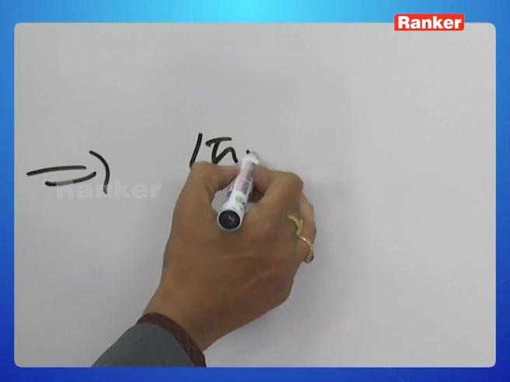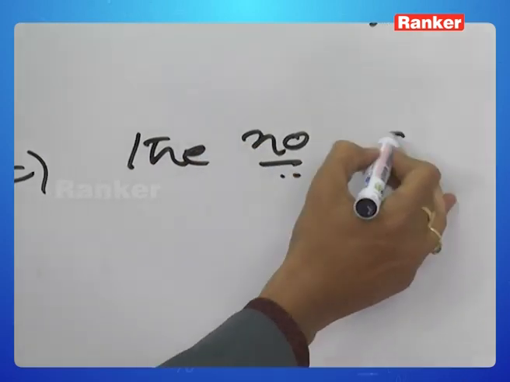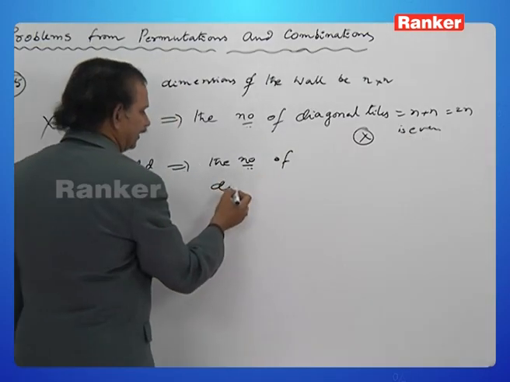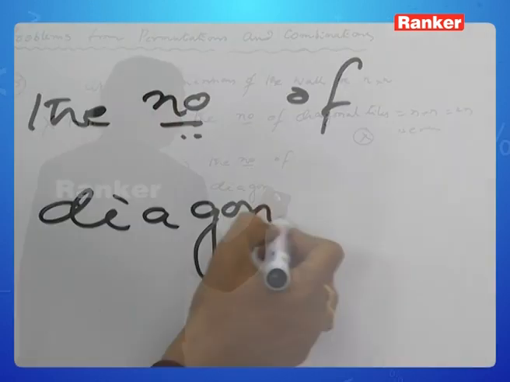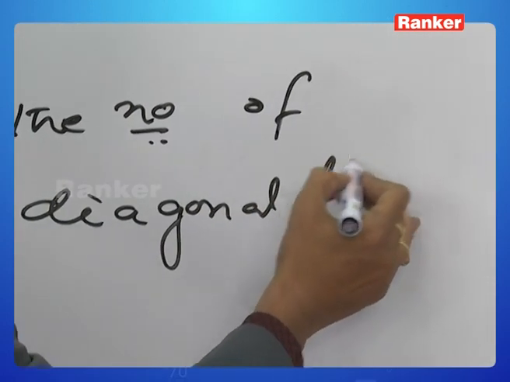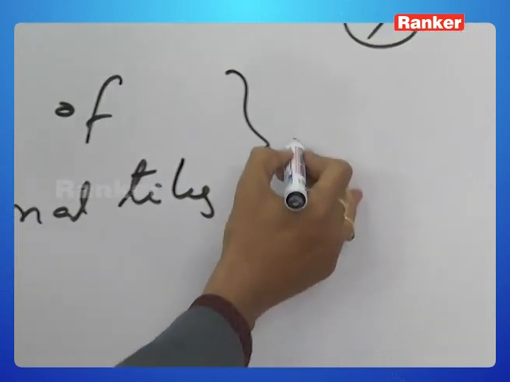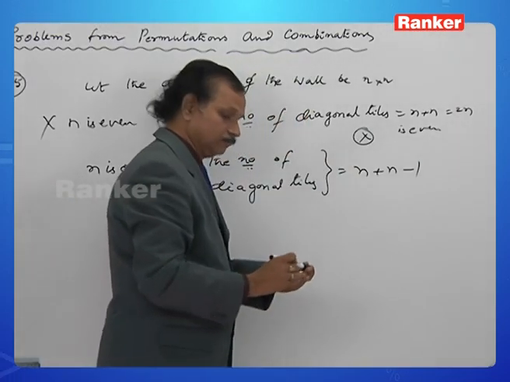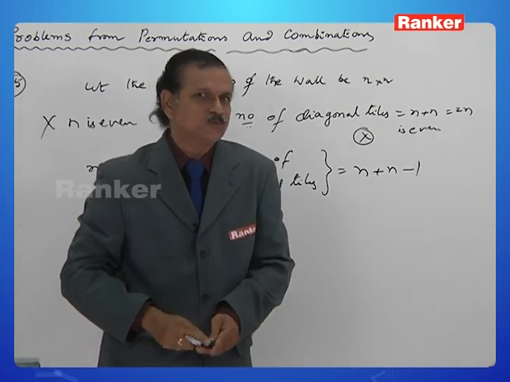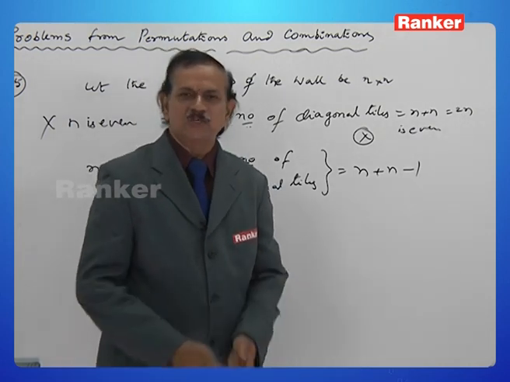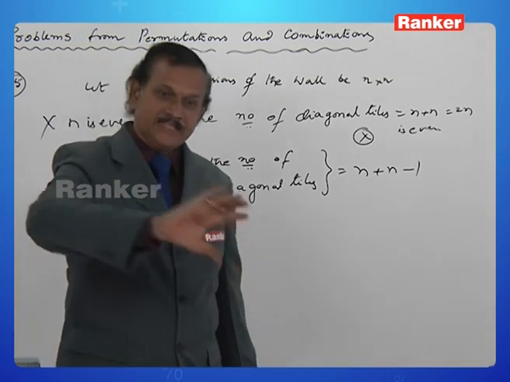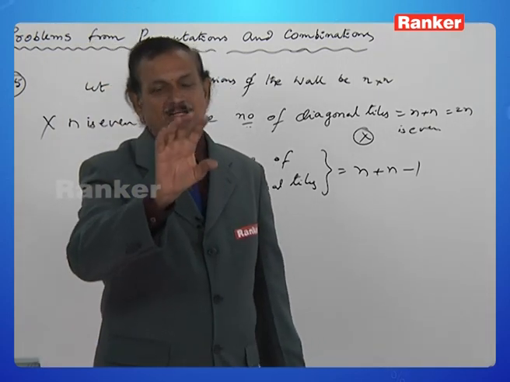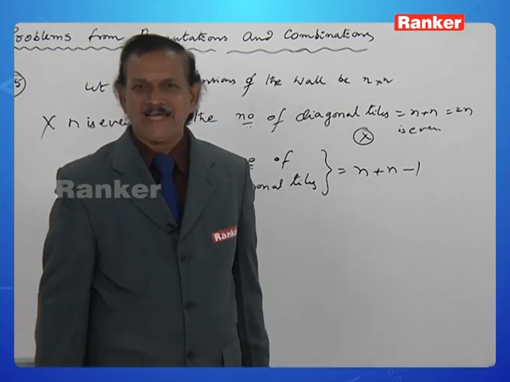N is odd. In this case, what happens? The number of diagonal tiles is equal to n plus n minus 1. Why should you put minus 1 there? If n is odd, then the exact middle tile will be counted twice.